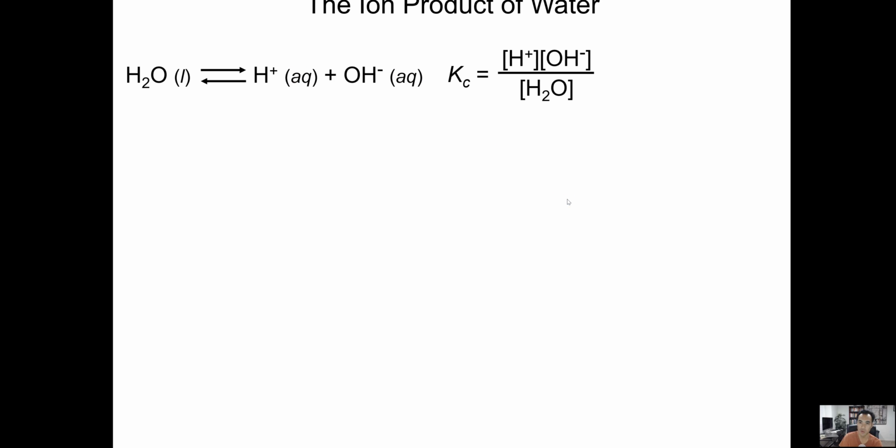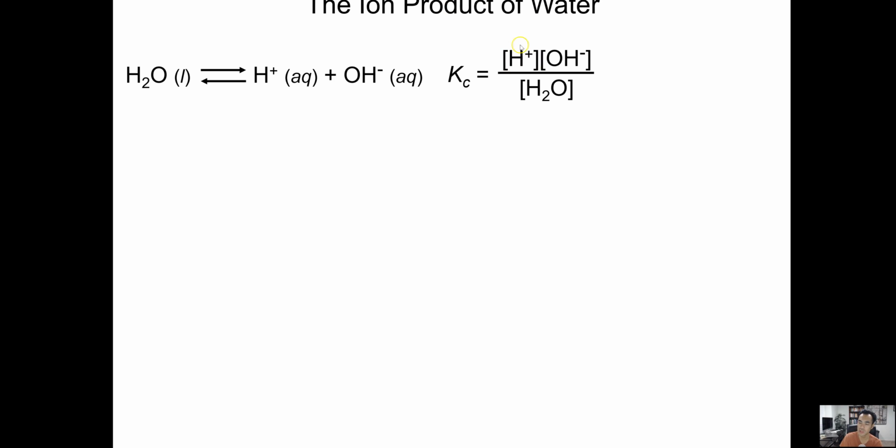Alright, so let's talk about the ion product for water. The ion product for water basically undergoes the breakdown of water into its H+ and OH-. And what you end up with here is called your Kc. If you see a Kc there, what you're really referring to is the autoionization of water.